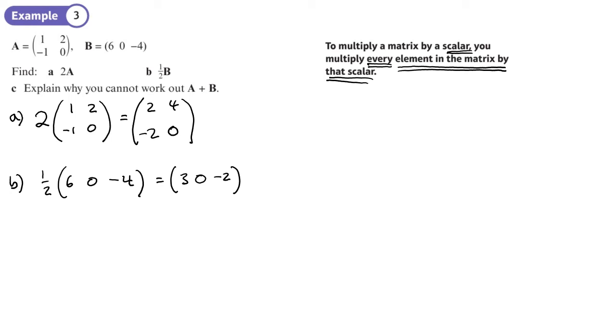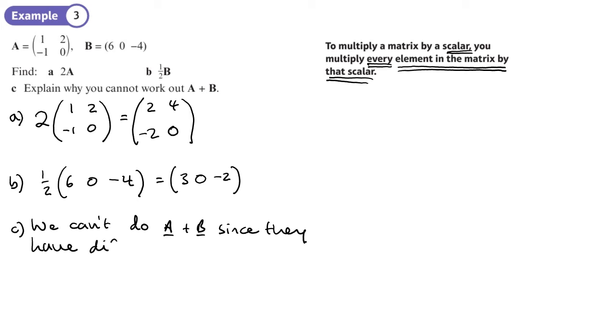And then part C says, explain why you can't work out A plus B. We can't do A plus B because they have different dimensions, different sizes.